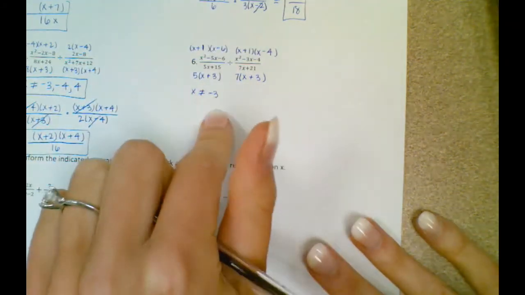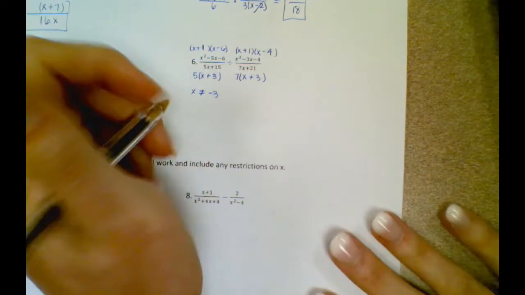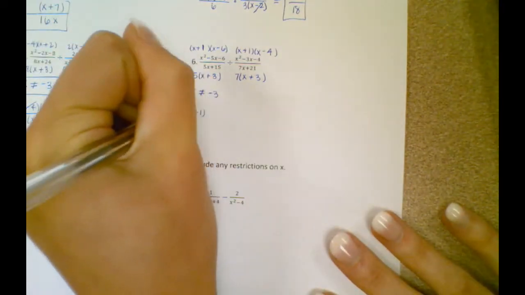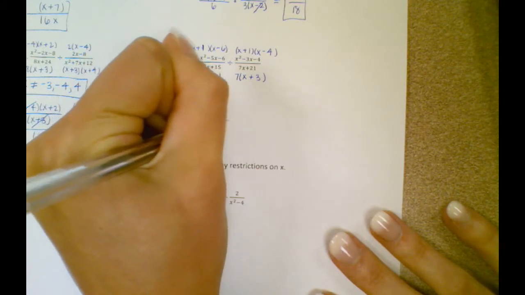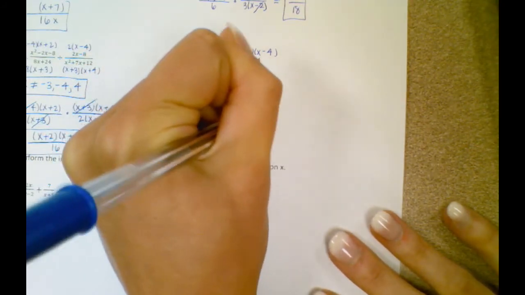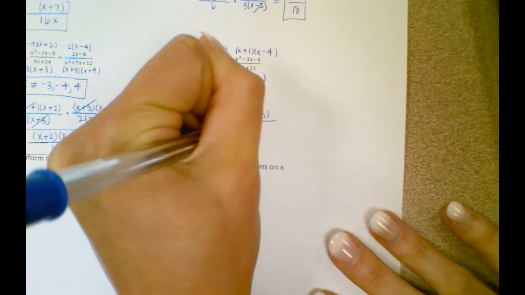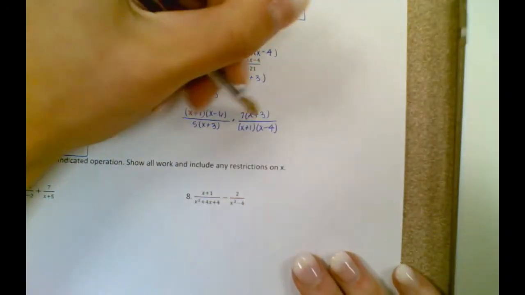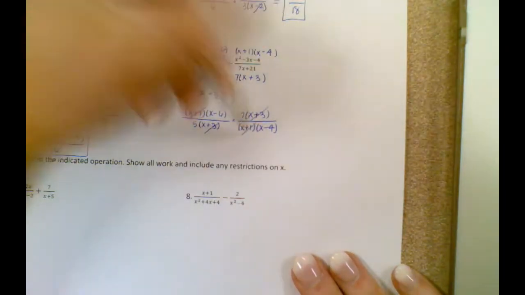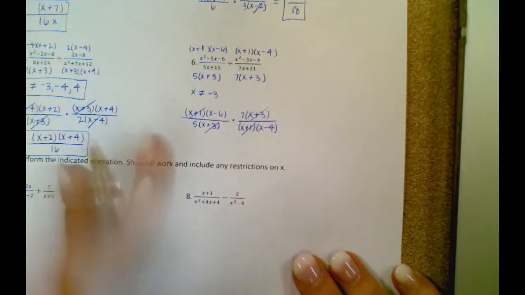I don't need to write it twice. It's already listed. So now I'm going to multiply by the reciprocal. Okay, so these are gone. These are gone. Oh, I forgot to list my restrictions.